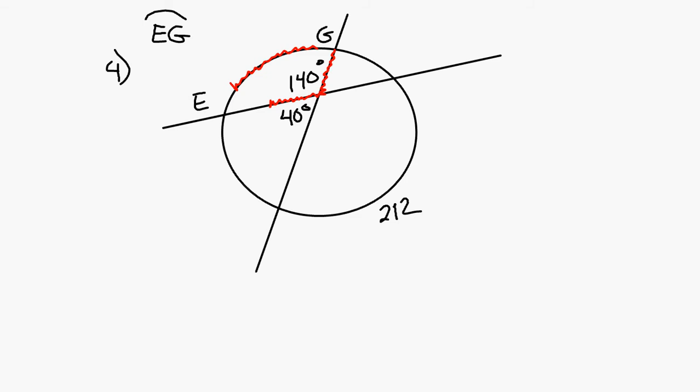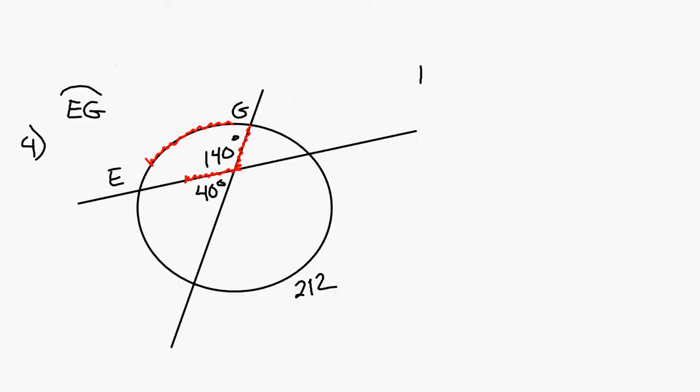Your formula when you're dealing with intersecting secants inside of a circle is that your angle measure, your 140, is equal to 1/2 of the sum of the intercepted arcs. So 140 is equal to 1/2 times 212 plus arc EG.